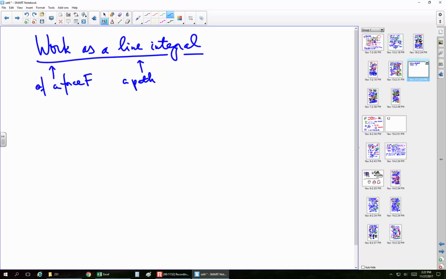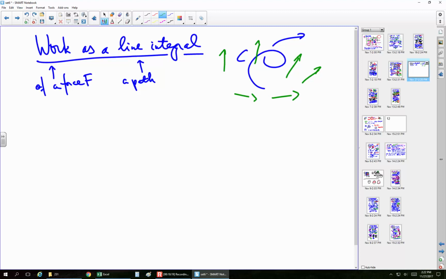Okay, if we're moving through gravity, if we're lifting something, then we are working against the force, and at the same time, you can say that the force has performed some work. Okay, so that's what this is. So path to begin with, and then there are vectors all over the place.